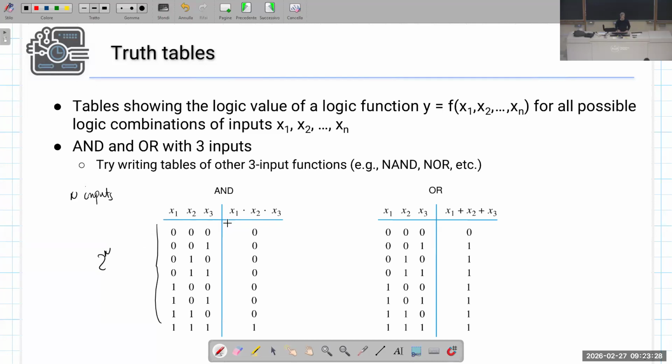Also, the Boolean functions can be extended, but we will go into details about Boolean functions later on in this course. This is just to introduce some practical examples of digital functions, combinational ones in particular.